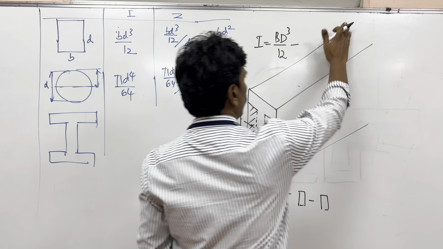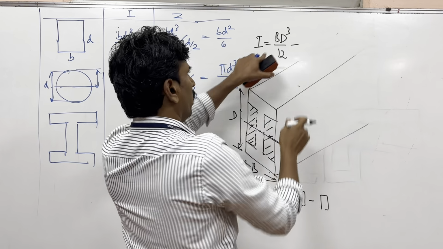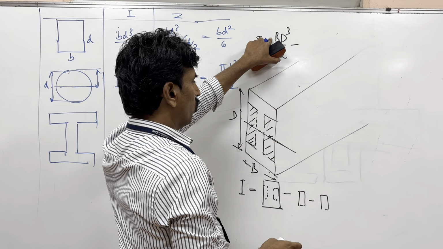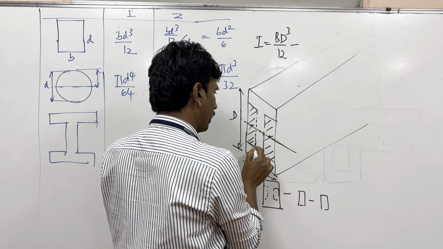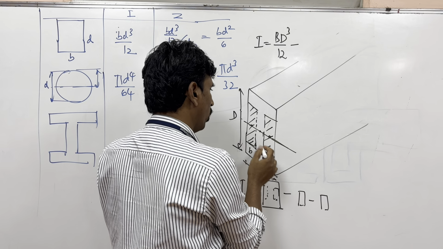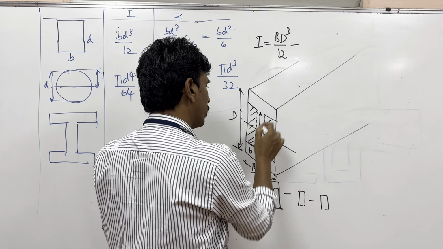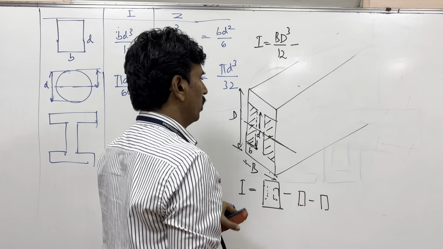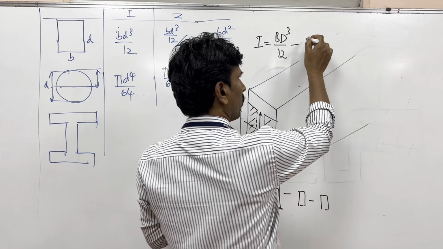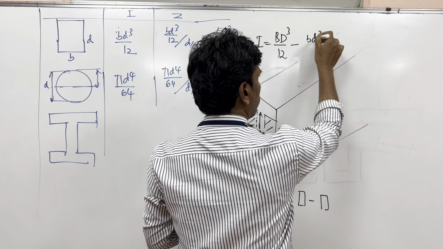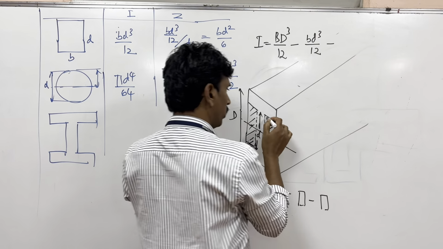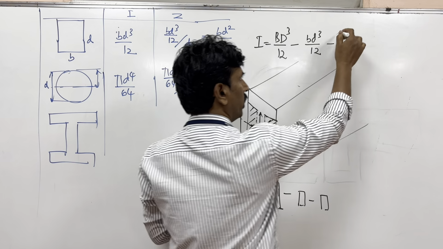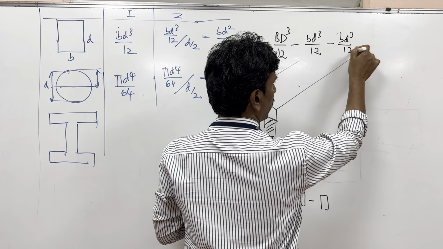Okay, so now the moment of inertia is BD cube by 12 for the bigger rectangle, minus the moment of inertia of the smaller rectangle. Let me call this small b and small d. So it is minus bd cube by 12 for this, and again one more, for this one also, minus bd cube by 12.